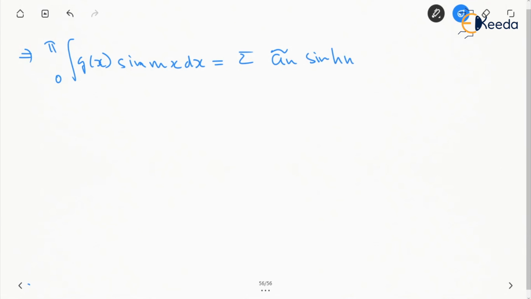And in order to get the coefficient, from 0 to pi, gx sin mx will give, now that hy and x are independent, we are taking the hy function outside, for n equal to 1 to infinity, integral 0 to pi sin nx sin mx dx, and this is going to be pi by 2.